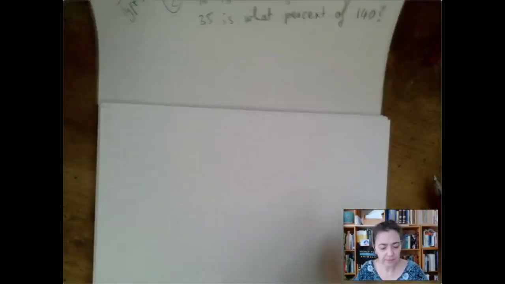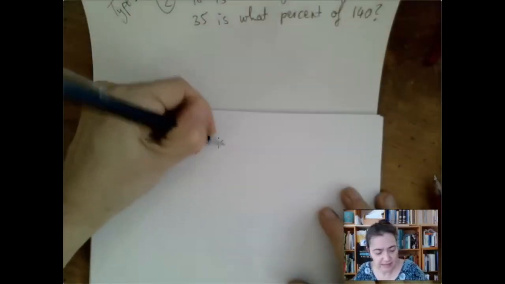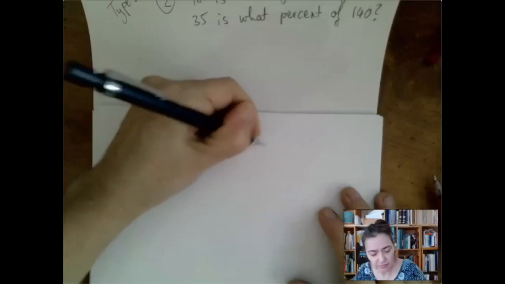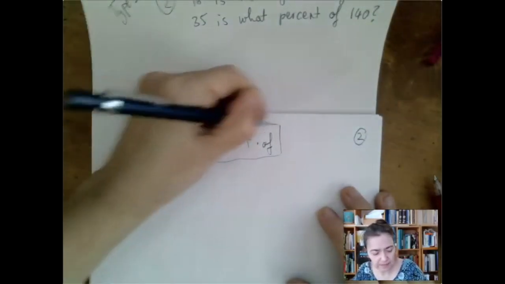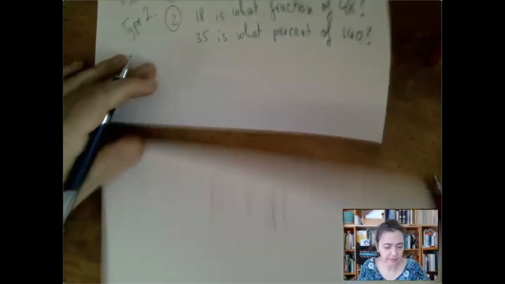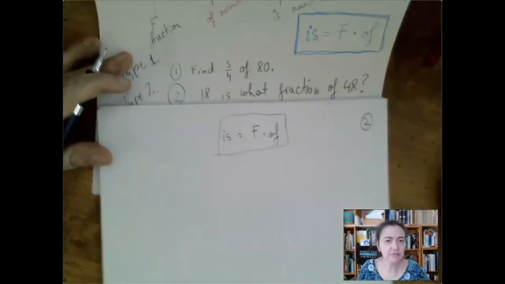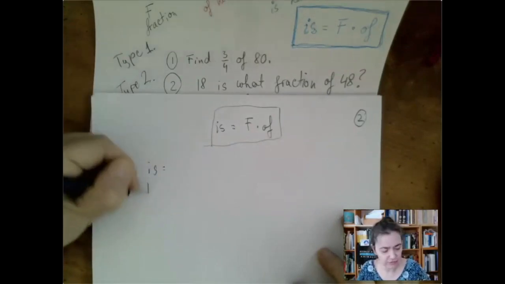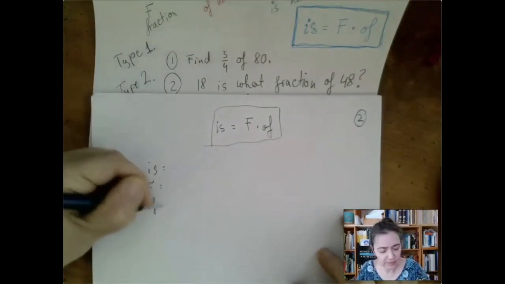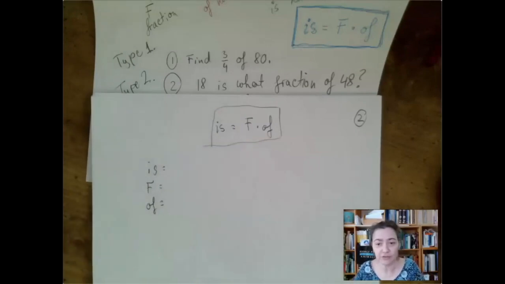So in this case, is equals fraction times of is the formula we're going to use. Now, the beauty about 3 things is, if you can figure out 2, the third one goes by elimination, right?